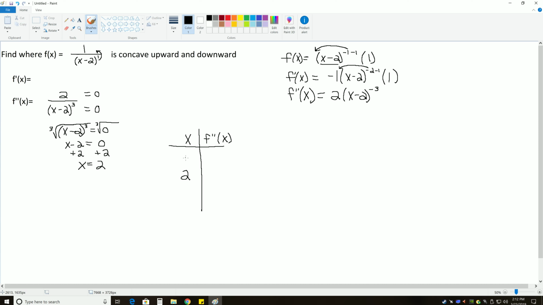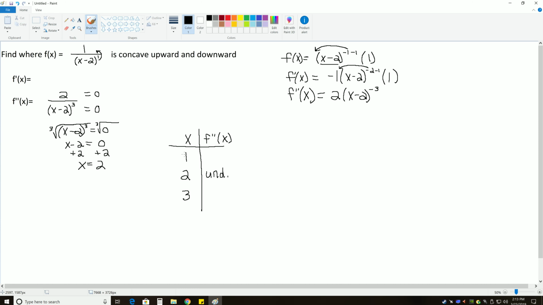So we'll test a number that's less than 2, which is just 1, and a number greater than 2, which is 3. We said that when we plug 2 into the second derivative, that's when the denominator is equal to 0, which means the second derivative is undefined.